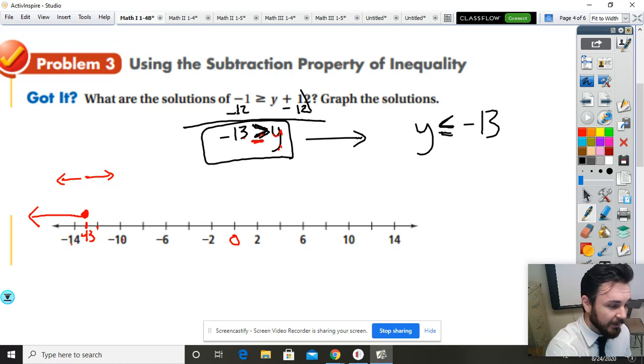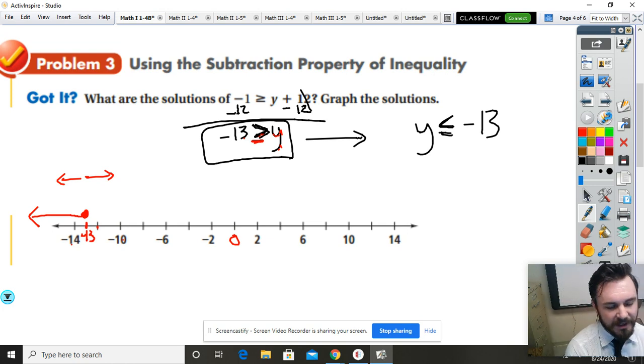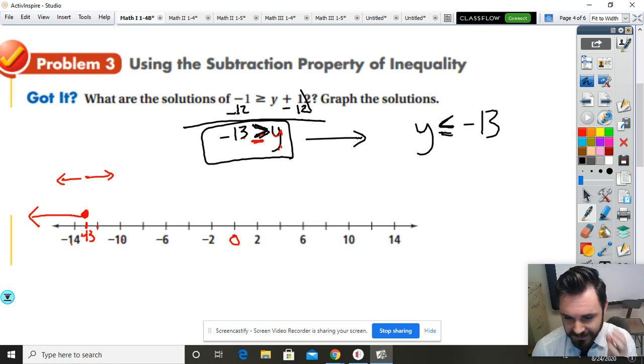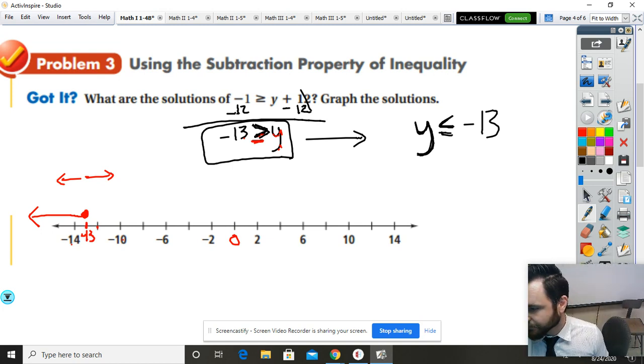Now it does look like the arrow and it points the direction that we want it to. So I'd rather you just understand the inequality and what it means, but if not, as long as you write it to where your answer looks like this, the variable's on the left, then the arrow will always point you in the right direction.